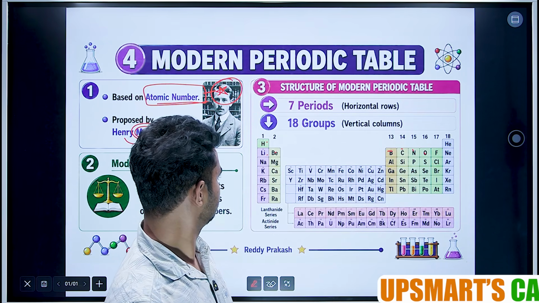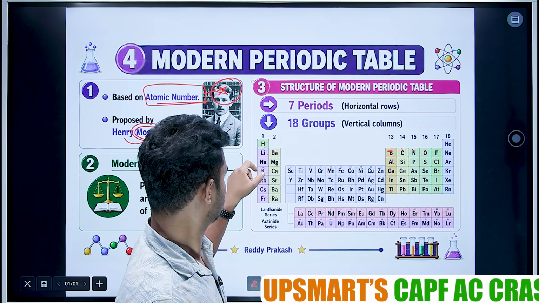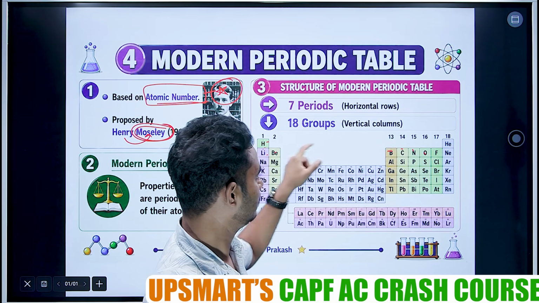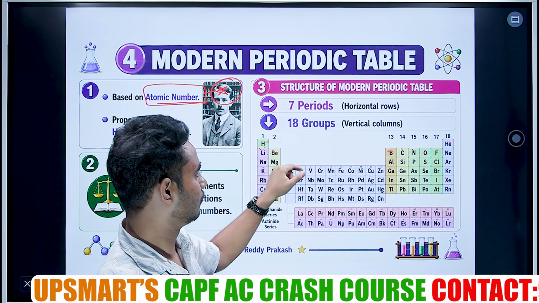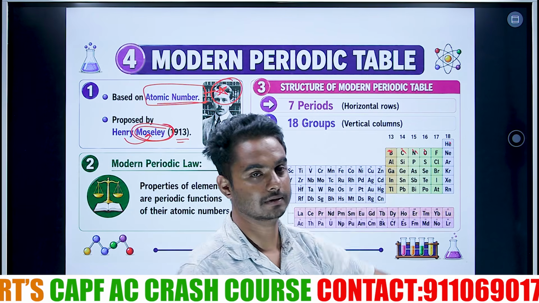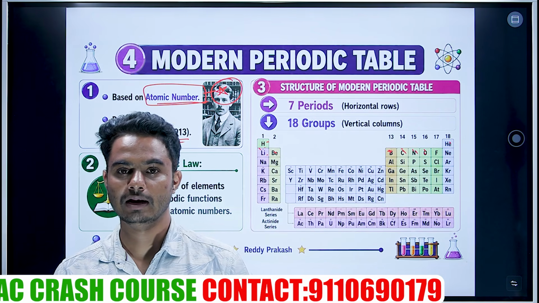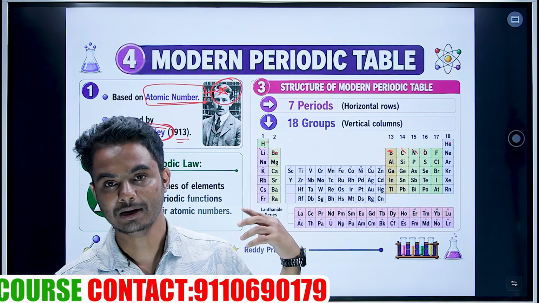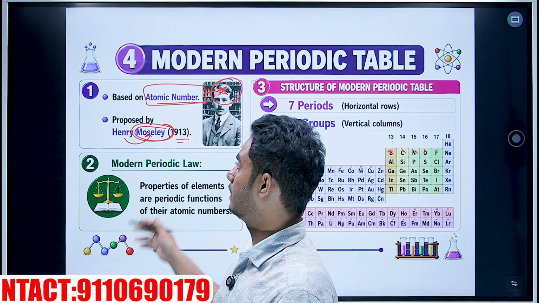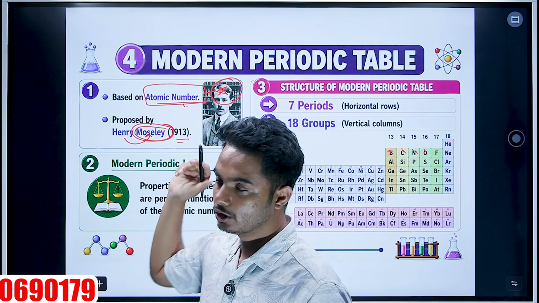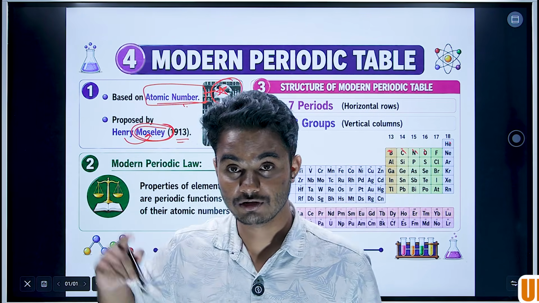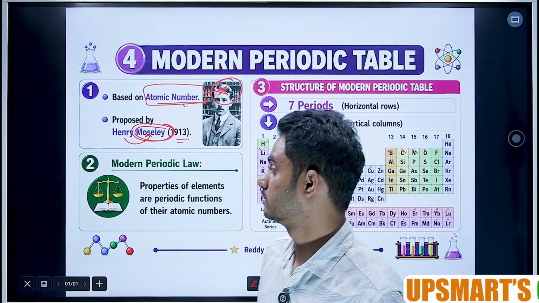Hydrogen here. Where is helium? 1, 2, 3, 4, 5, 6, 7, 8. He placed the elements based on the atomic number. This is the most important. Don't forget this. Never forget atomic number, atomic mass.